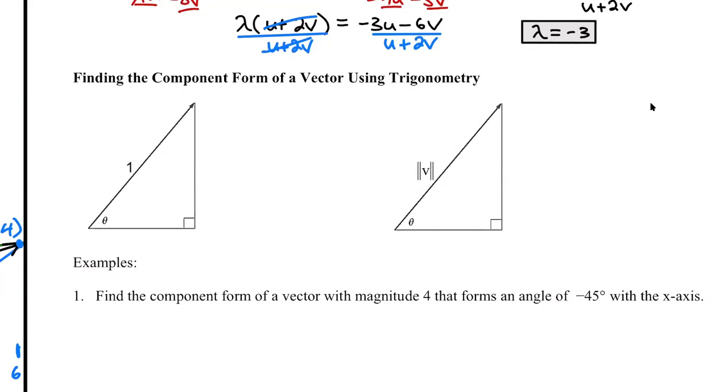Typically, a horizontal movement we call x, and a vertical movement we call y. There's nothing out of the ordinary there. We have a nice relationship: x squared plus y squared is equal to 1 squared, or just 1.